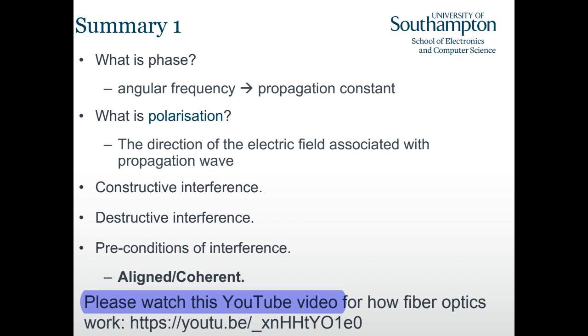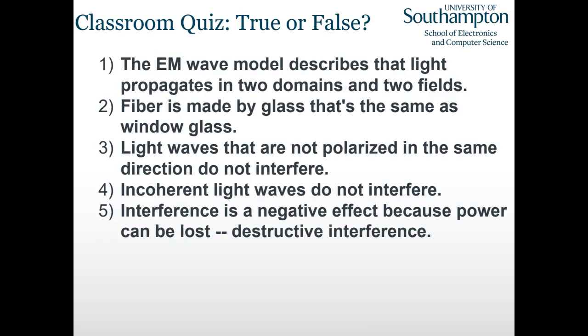Okay, so here's a summary of today's lecture. I will do a class quiz. I would randomly throw a lemon to different students. Whoever catches the lemon should answer a true or false question.